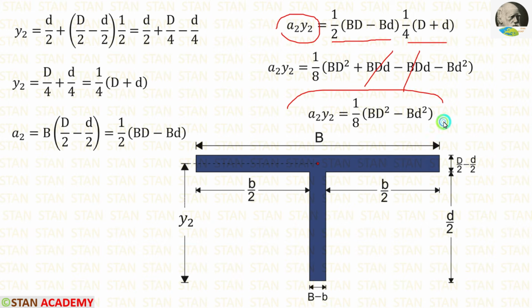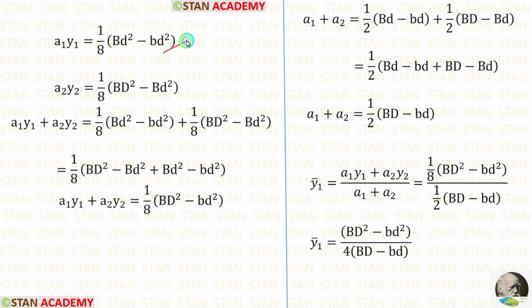Finally, for A2 Y2, we are getting this. We have found A1 Y1 and A2 Y2. Now we can calculate A1 Y1 plus A2 Y2. 1 by 8 is common, we can take it outside. Then we can cut these two values. Finally, we are getting this.